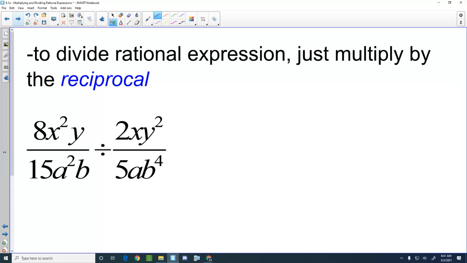So this expression, or this division problem, 8x squared y over 15a squared b is your first fraction. And it's being divided by this other fraction, 2xy squared over 5ab to the 4th. So this is originally a division problem.